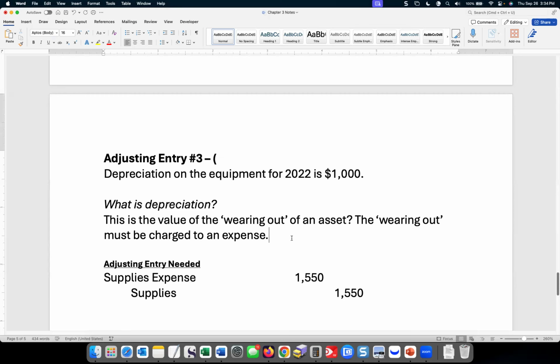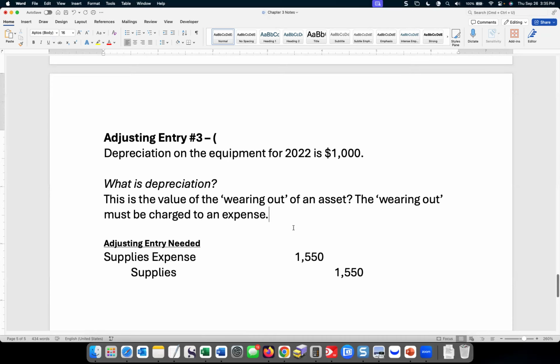So a building might last 40 years, a vehicle may last 7 to 10 years, and then eventually you'll have to replace it with a new vehicle or a new building. There are other depreciable assets too: computers, copiers, office furniture. All those things are subject to depreciation. Now contrast that with supplies. Supplies get used up. When you use up all the supplies, you just turn around and buy more. They don't depreciate, they don't wear out, they get used up. So that's the difference.